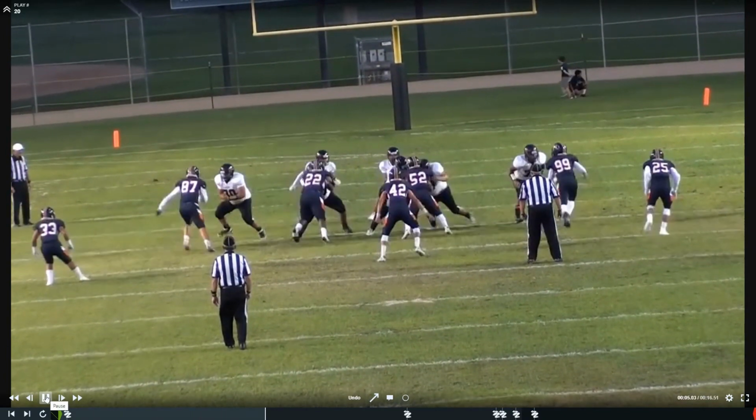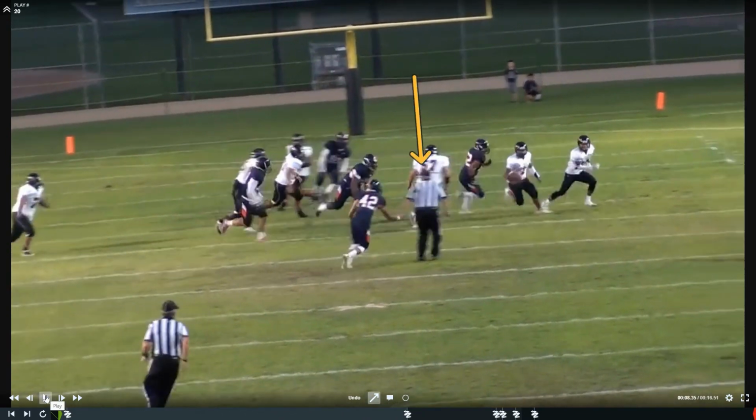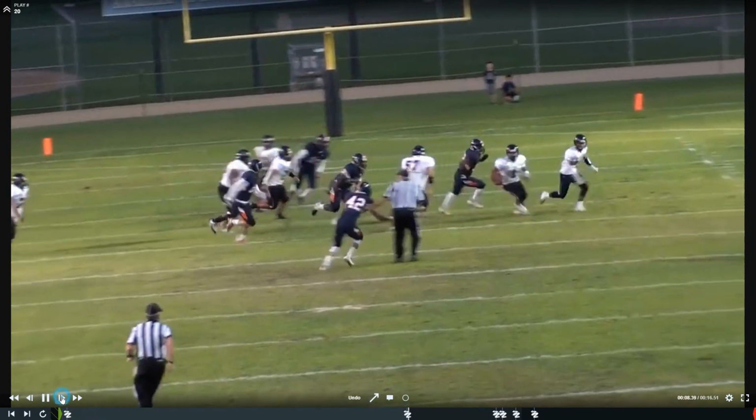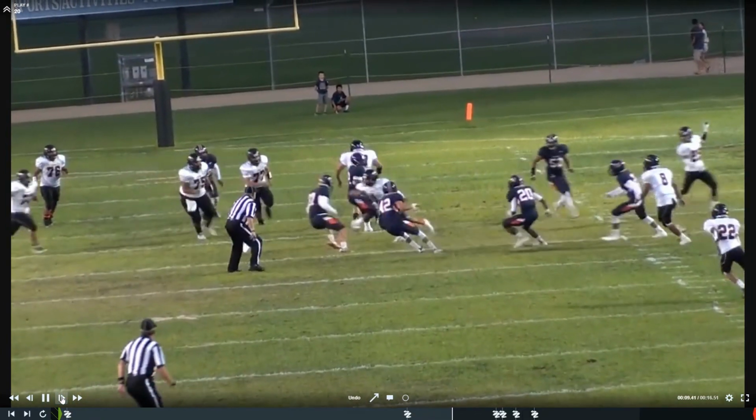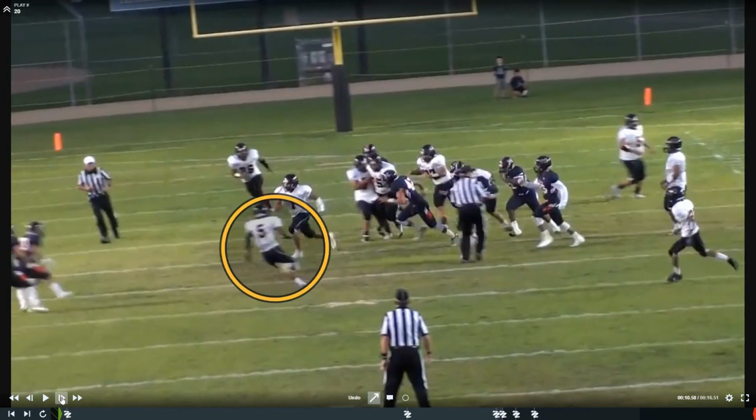You can't see 5 in this view until he comes into the screen. Now, my poor umpire here, he's in harm's way, and the runner is going to reverse field and come right at him. So he is just trying to stay safe. I don't blame him for not looking this way, which is where number 5 is.